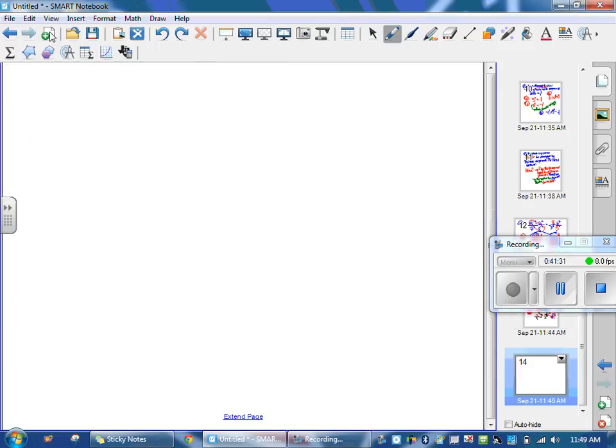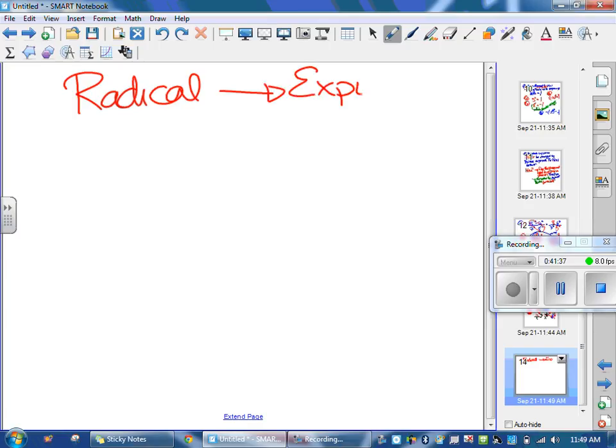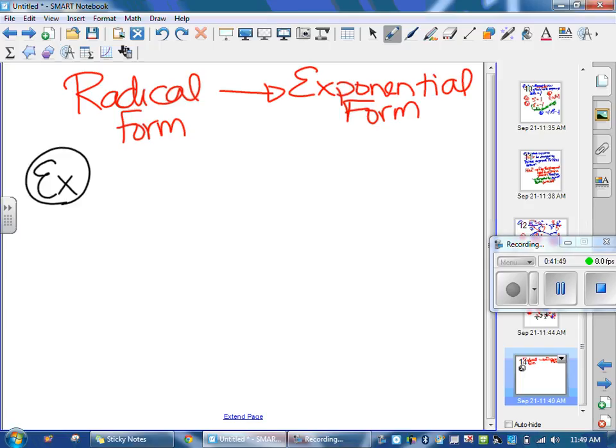This one is radical form to exponential form. We just undo the steps we just did, so we do the opposite.